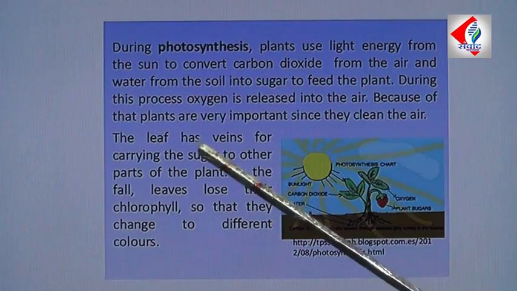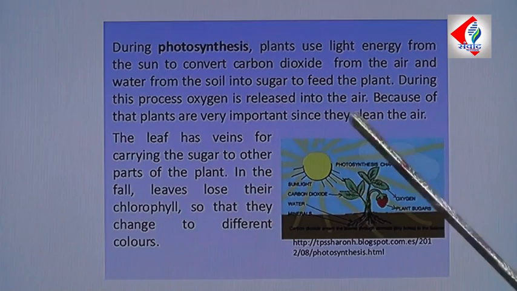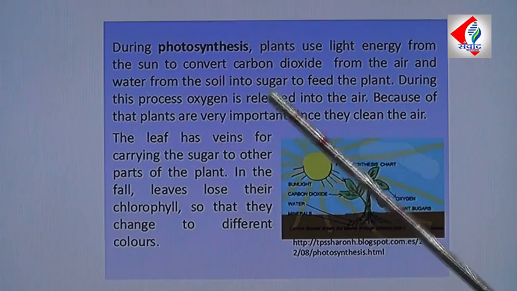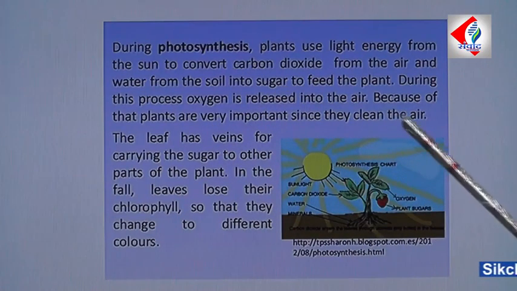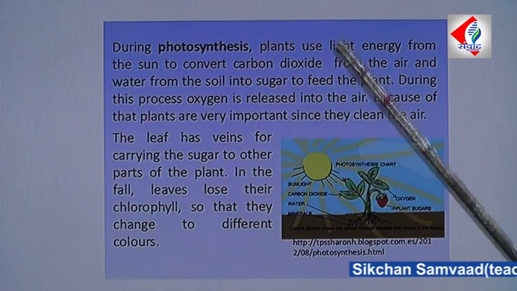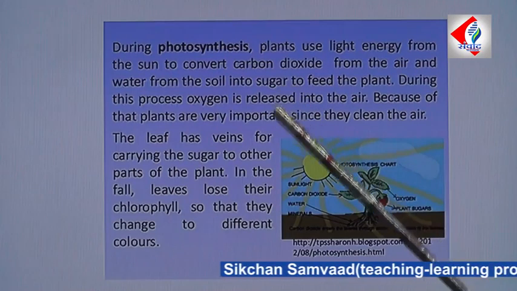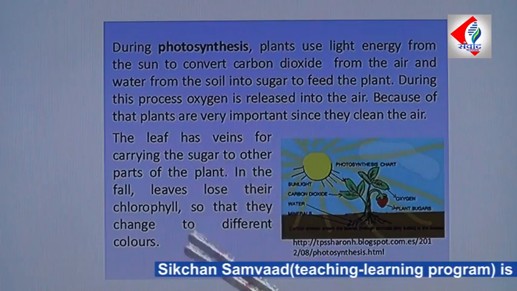During this process, oxygen is released into the air. Because of that, plants are very important since they clean the air and they provide us with oxygen, which is very, very essential for the survival of living beings.